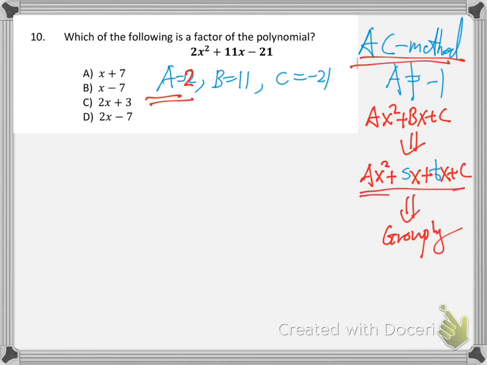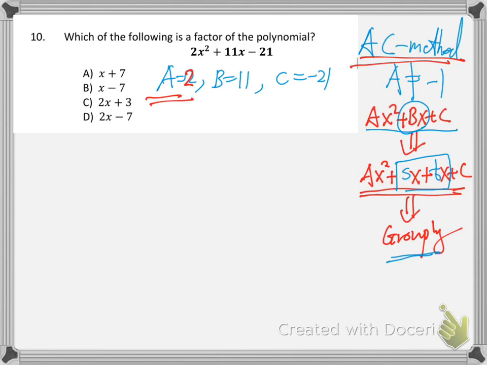Now you see if we can change the middle term bx to sx plus tx, then we got 4 terms. So we start from 3 terms, ax squared plus bx plus c, and we got 4 terms. If we can split bx to sx plus tx, 4 terms polynomial, we can use grouping method to factor it. So it's similar to trial and error method, but we need S and T to just split bx.